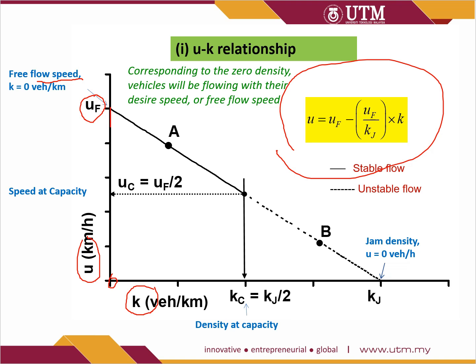Then we have KJ, the jam density, where the speed is zero because there are too many cars already and the density is too packed.